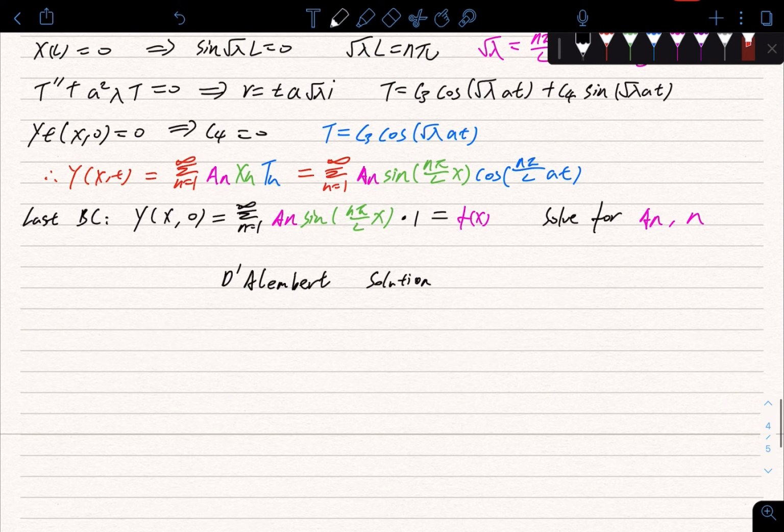So, let f of x be an odd function with period of 2L.